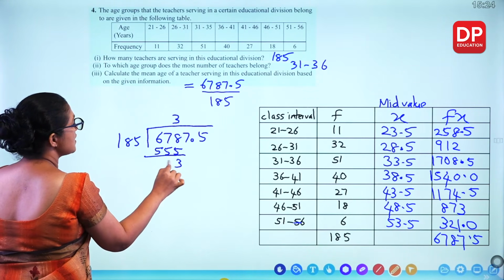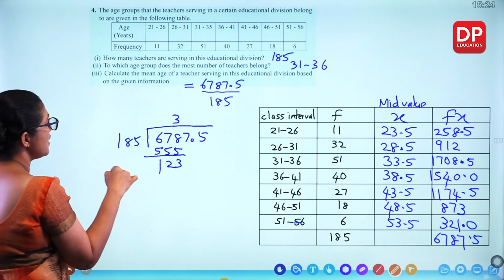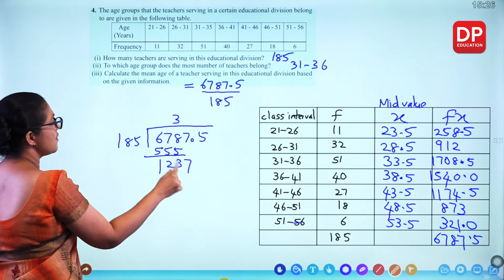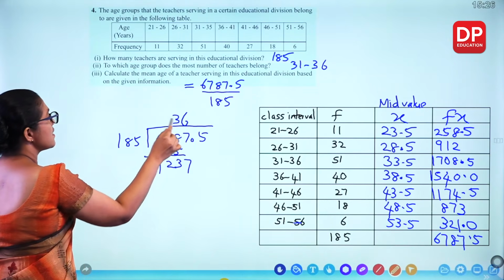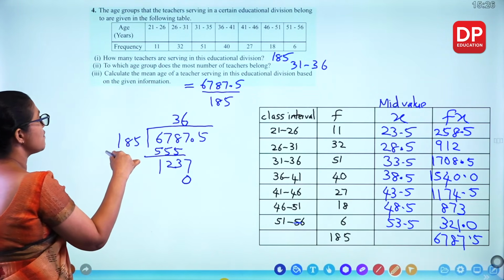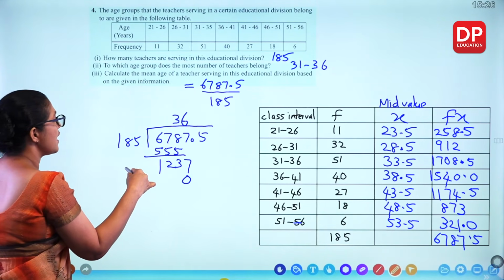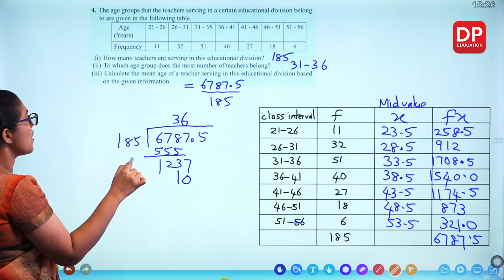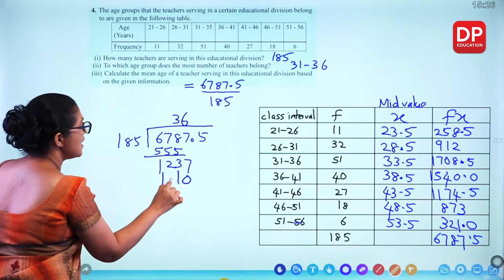So you get 123. Take 7, 3 times, so here roughly 6. 6 times 5, 30, 3 remaining, 6 times 8, 48, 49, 50, 51, 5 remaining, 6 times 1, 6, 6 plus 5, 11.